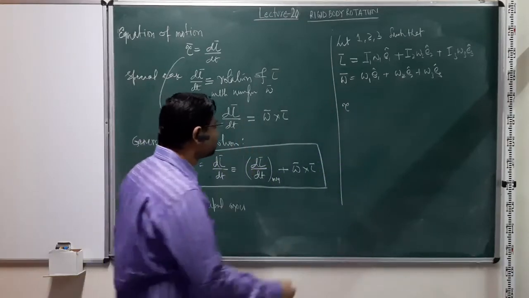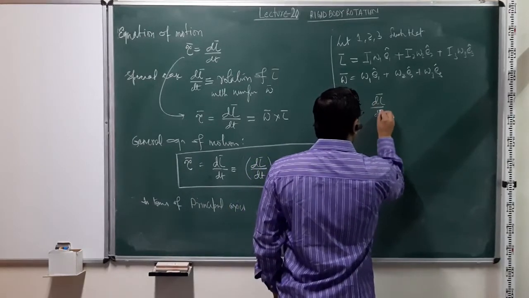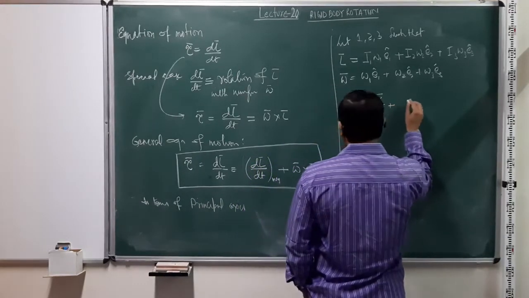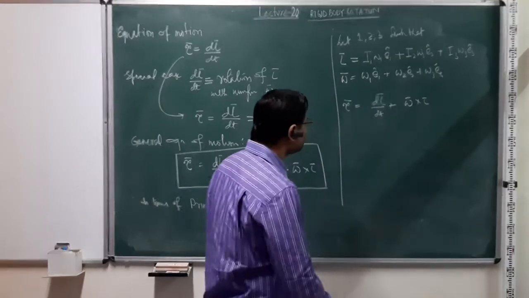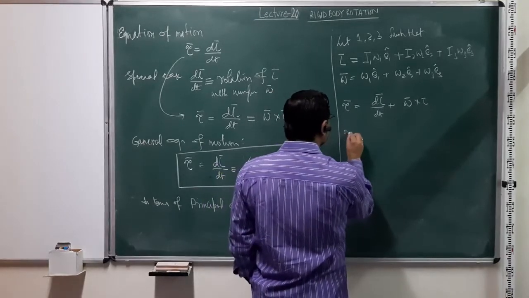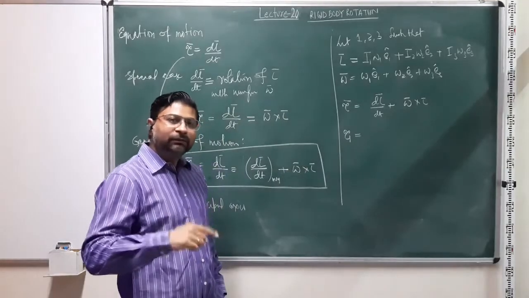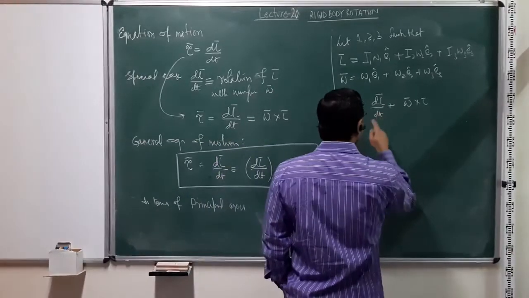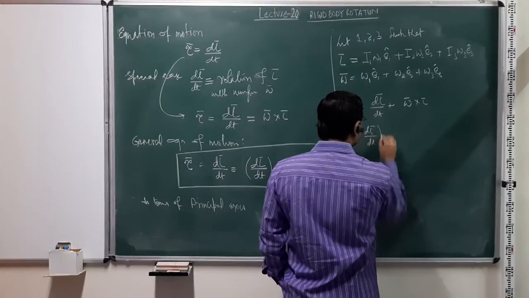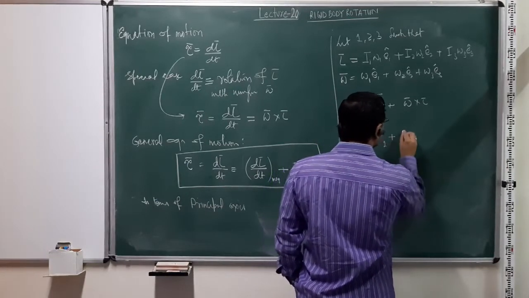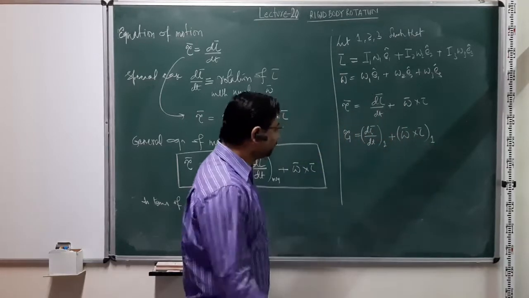We can rewrite this as tau is, well, not much change, omega cross L. However, now in component form, I can write down tau 1 as the torque along principal axis 1. Tau 1 will be basically dL over dt along 1 plus omega cross L, so its component along that principal axis.